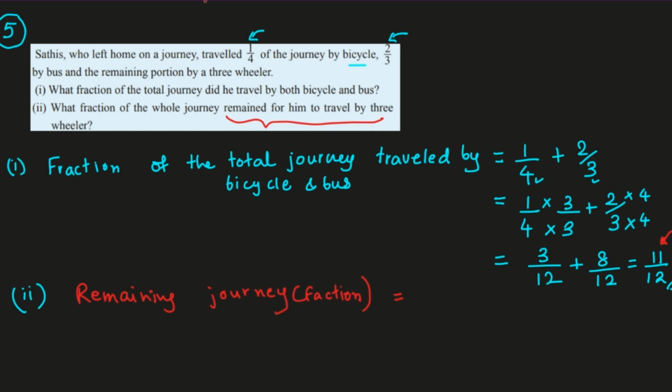So what will be the remaining part? If I take the total journey as 1, out of 1 we have to subtract 11 upon 12. You know 1 means 12 upon 12. So 12 upon 12 minus 11 upon 12, the answer will be 1 upon 12. So the fraction of the whole journey remaining for him to travel by three-wheeler will be 1 upon 12.